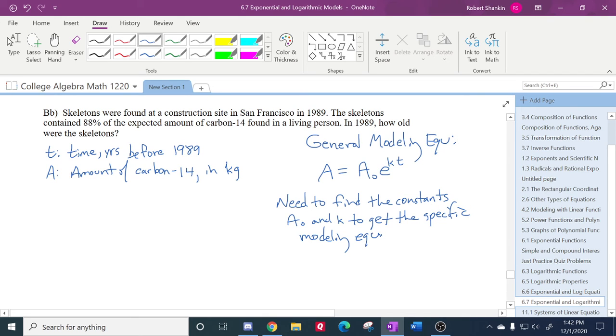Sometimes you can find both A0 and k, sometimes you can't. And sometimes you live with what you can find.